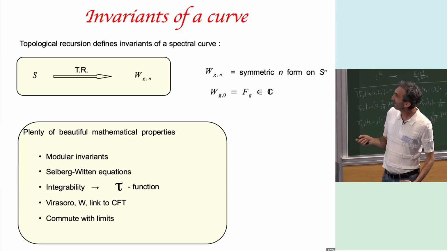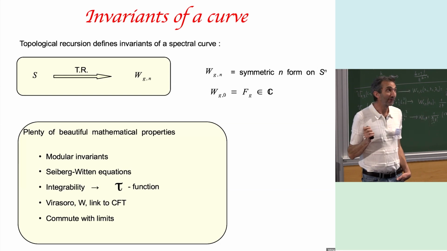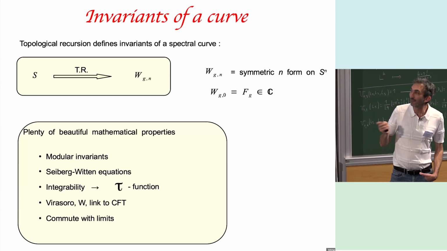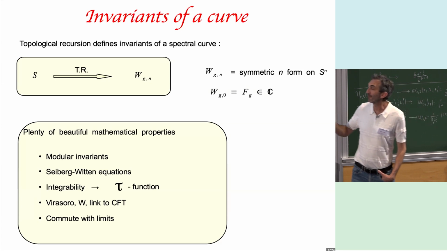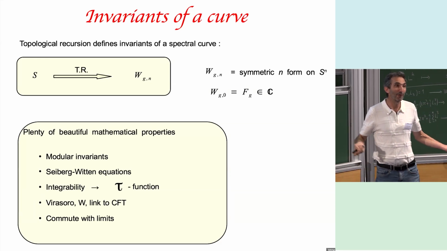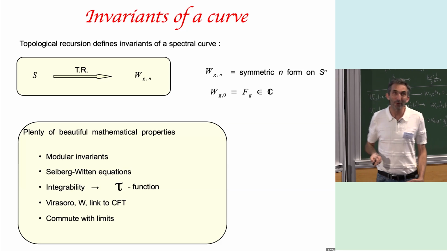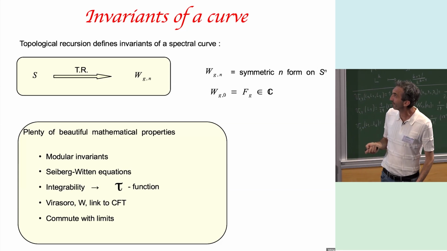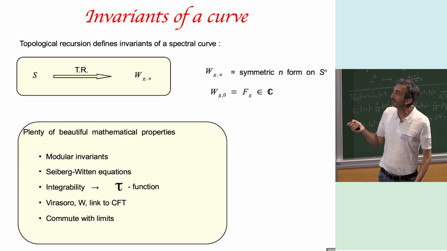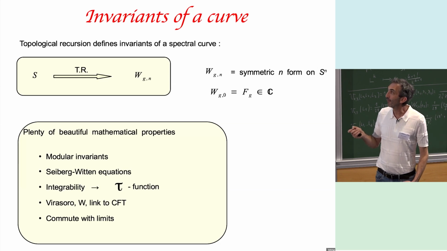So they have beautiful modular properties. I'm just giving the word modular because modular invariants are very beautiful objects in mathematics, and there are some computations of WGNs that are modular invariants. They satisfy equations of the Seiberg-Witten type. They are related to an integrable system.